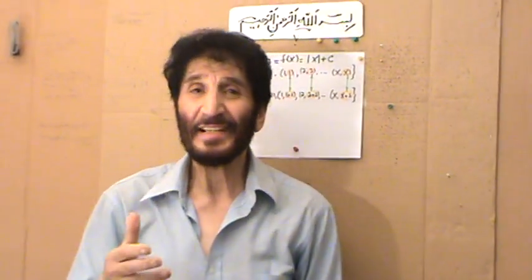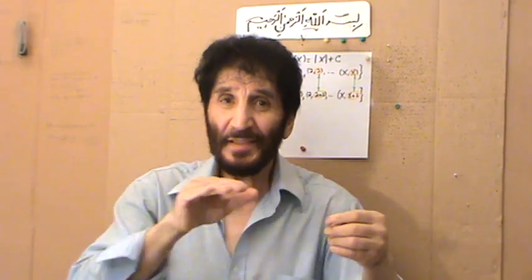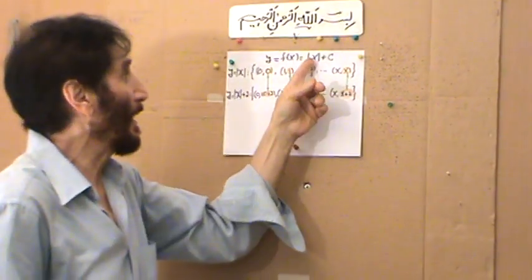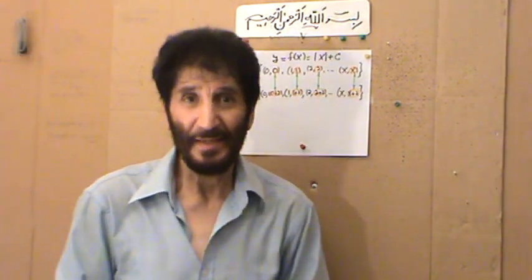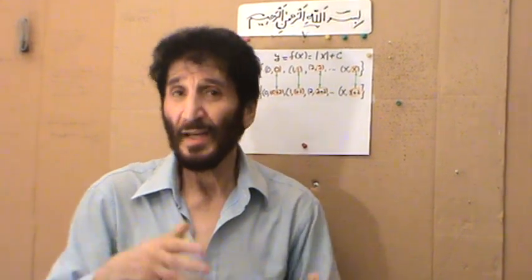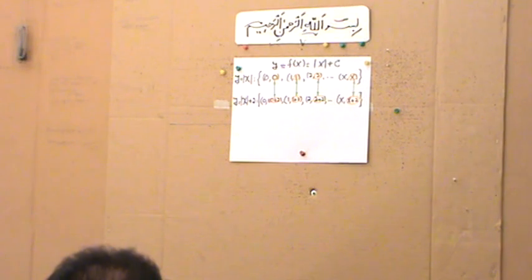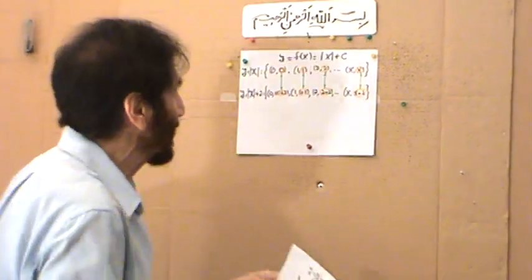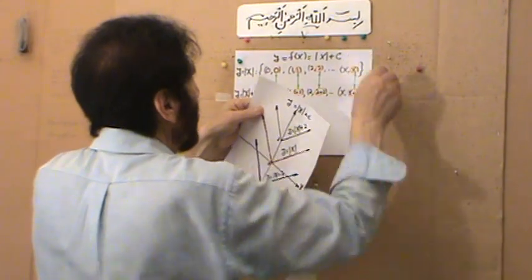And that is exactly the same thing as if we erase the x-axis and move it 2 units down. That will be the graph of f of x equal to the absolute value of x plus 2. And similarly, we can say c is negative or c is any other number that you have selected. Now I have sketched the graph of a few of them for your observation, if I may.